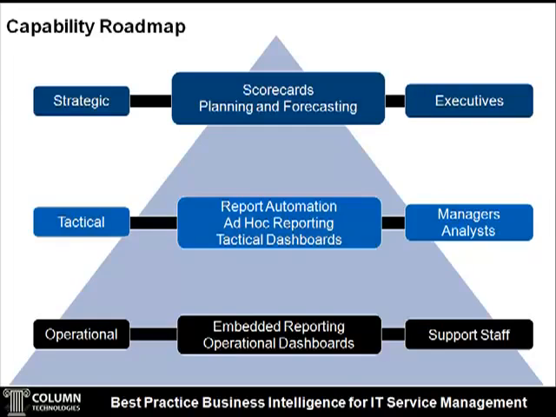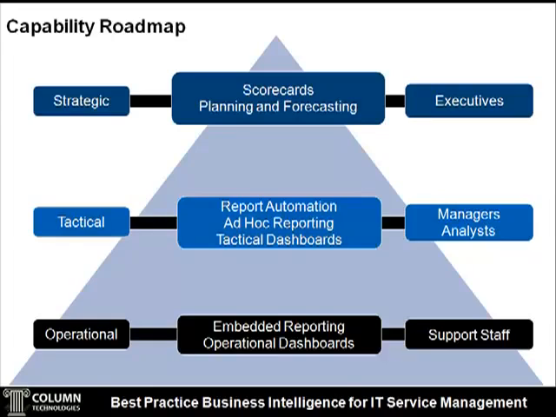The capability roadmap resolves this problem by providing the right information at the right time to the right users. Planning and forecasting enables executives to use historical data and trending to predict future states, anticipate problems, and develop plans to avoid those problems.